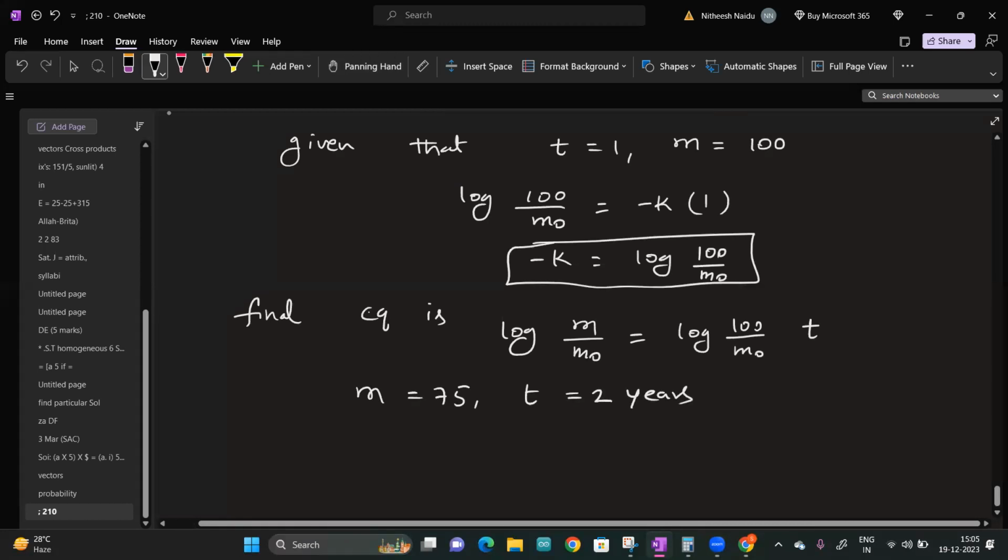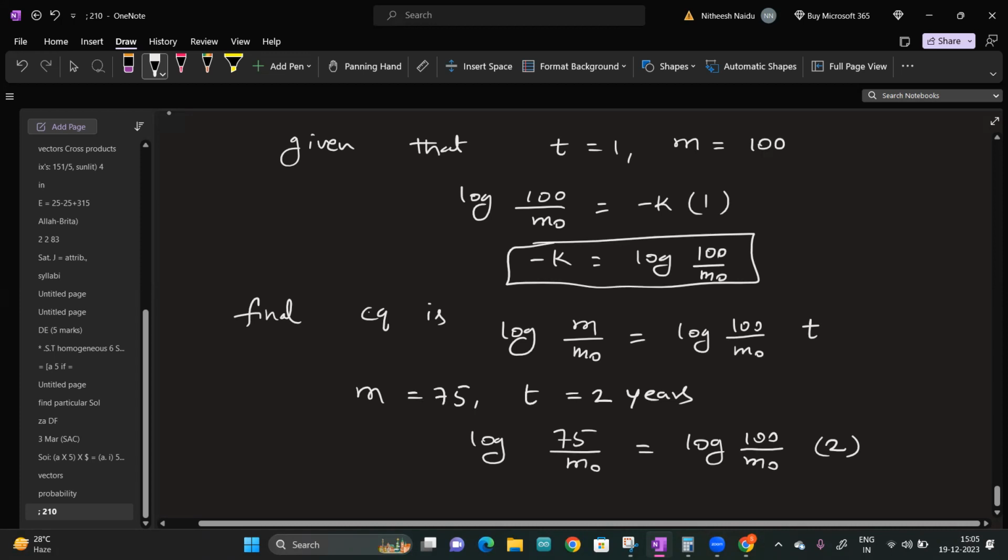Now we are substituting these values. So log 75 divided by m naught is equal to log 100 divided by m naught, and t value is 2 years. We need to calculate this m naught now.